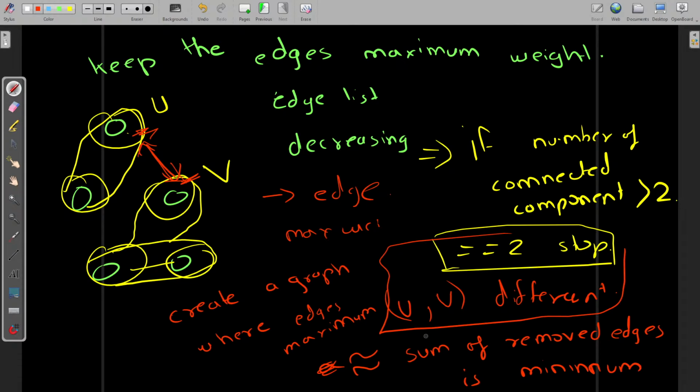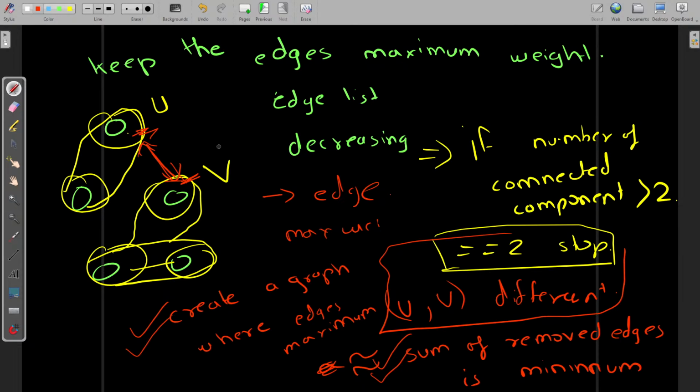If this is true, then only this is true. It cannot be that one is false and the other is true, because they are opposite sides of the same coin, right? If I am creating a graph where the sum of edges which I have kept is maximum, then the sum of edges which I have removed would be minimum. So both are one and the same thing.